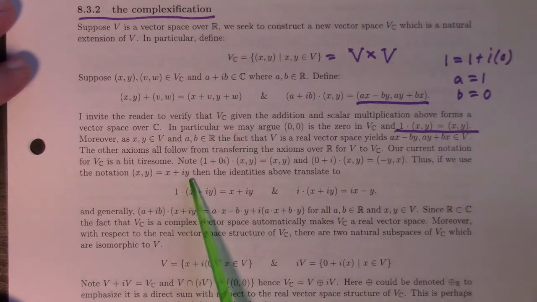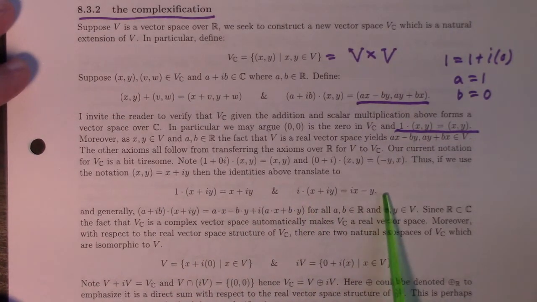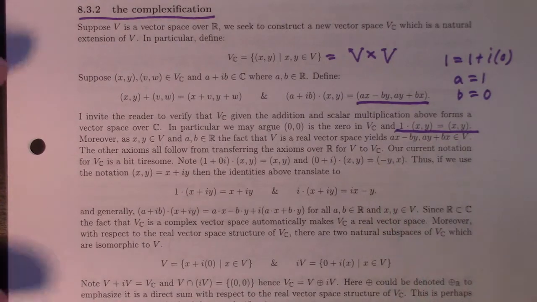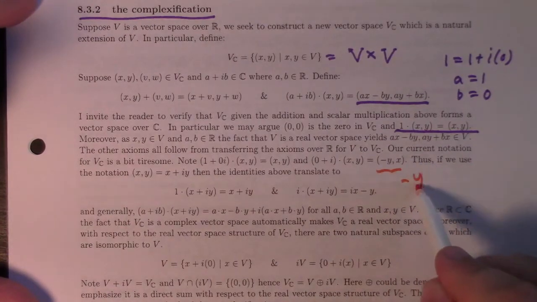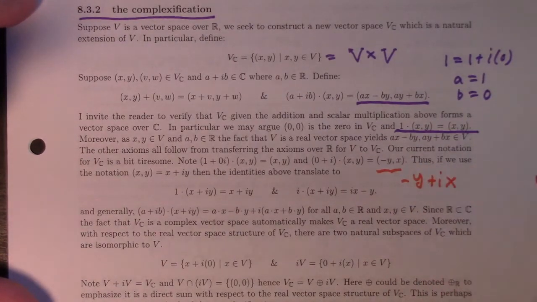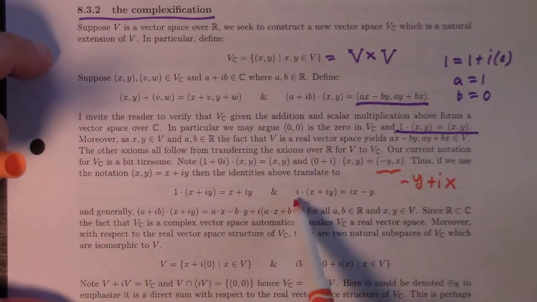Here x and y are vectors. So if we use this notation, then we have 1 times (x plus iy) is x plus iy, and we have i times (x plus iy) is ix minus y. Because again, in our newfound notation, this is minus y plus ix, right? So that's what we have right there.